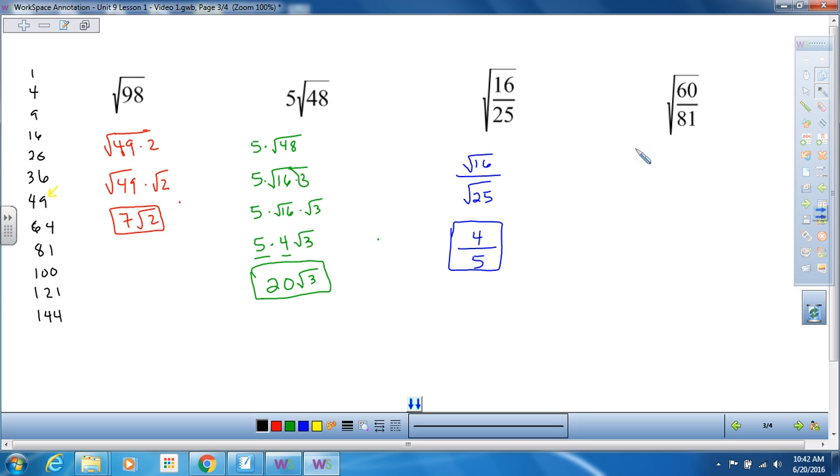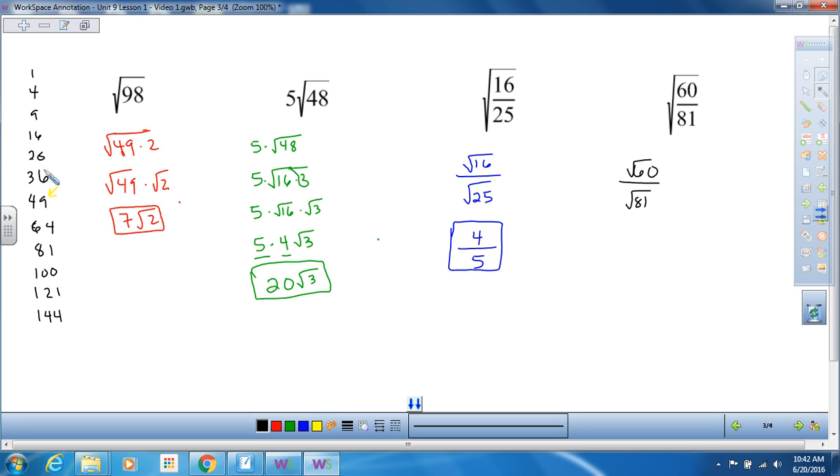Okay? For this one, let's do the same thing. Square root of 60 over square root of 81. Okay, 60 is not in my list, so I do the same thing that I did with the 98 and the 48. I need to find the number from the list that goes into it. So it's not a perfect square, but it has a perfect square factor. So start with the ones less than 60.